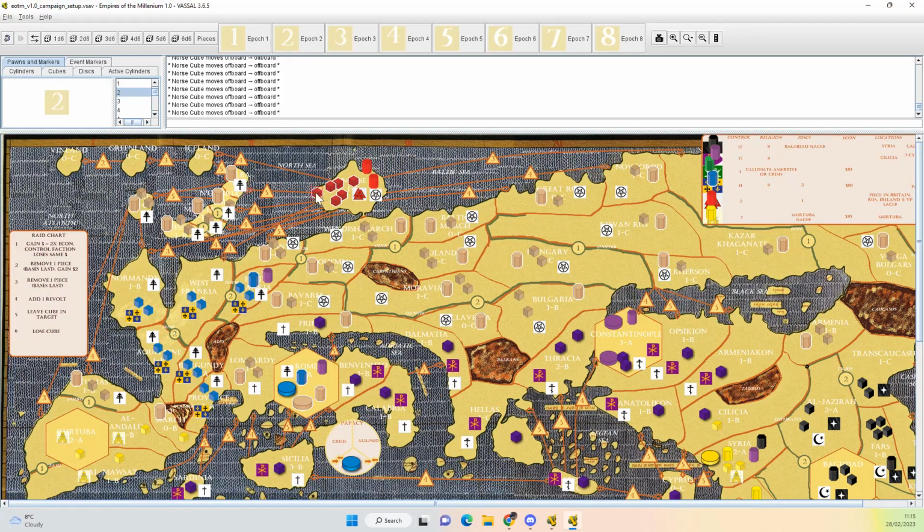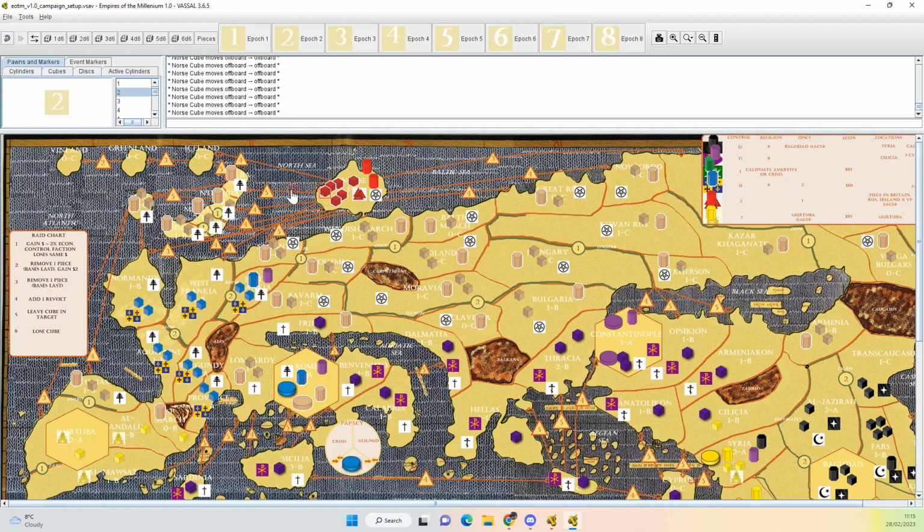So it confers adjacency between 2 locations for purposes of a naval raid or a march. However, the number is the naval value, or navigation value, of the route. So you have to roll equal to or less than this number in order to get your cube across.